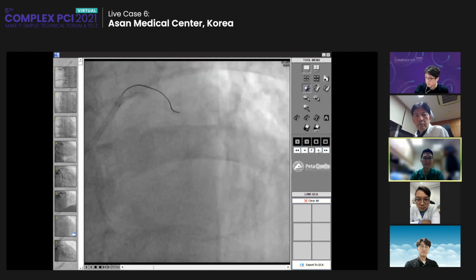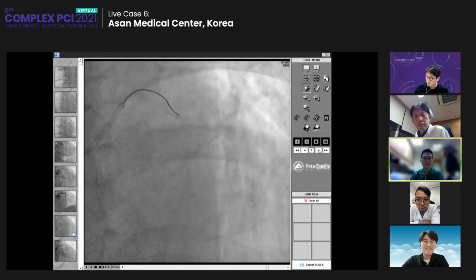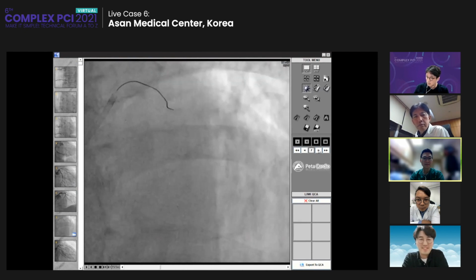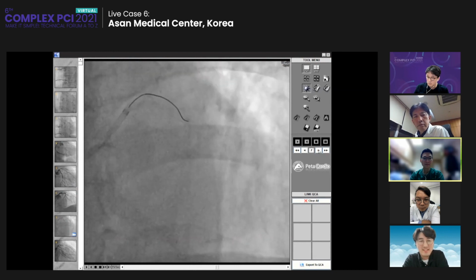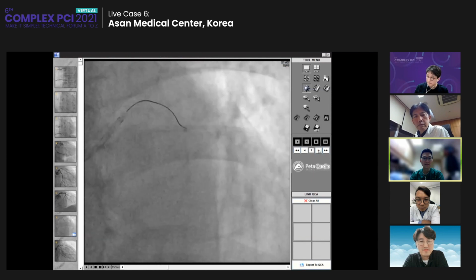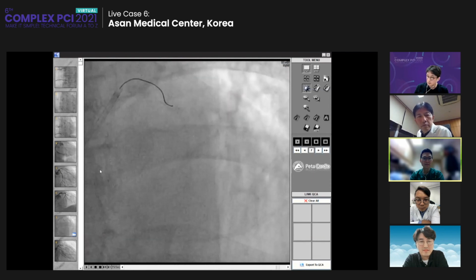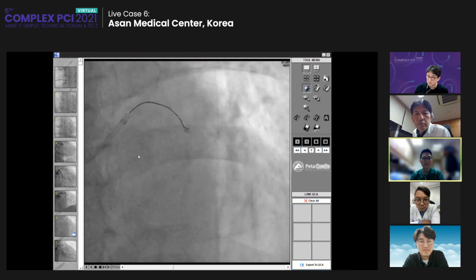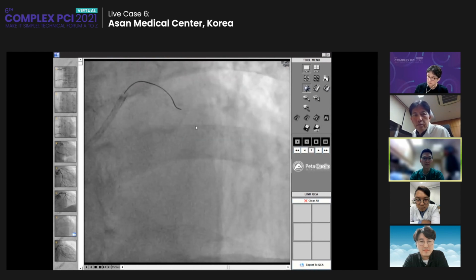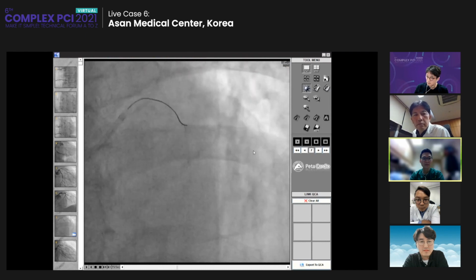They did not take a thorough angiogram of the entire left coronary system and just started the wire. You can see that the initial wire was done without any microcatheter support, and the operator is rotating the wire, which seems to be a workhorse wire.